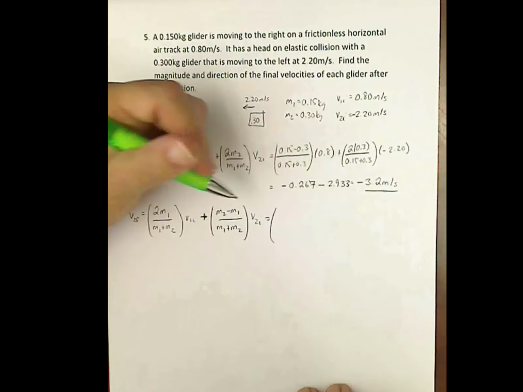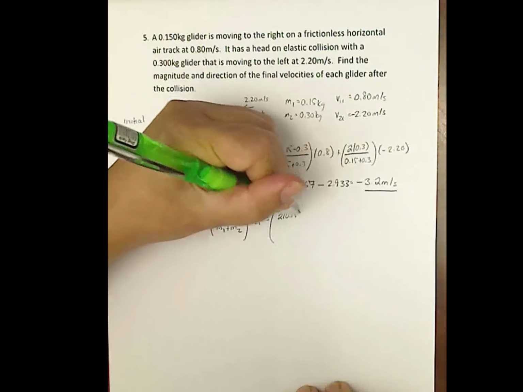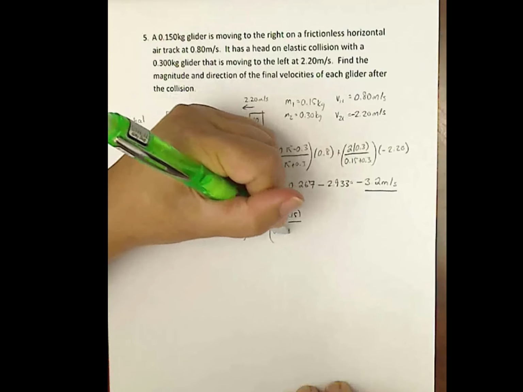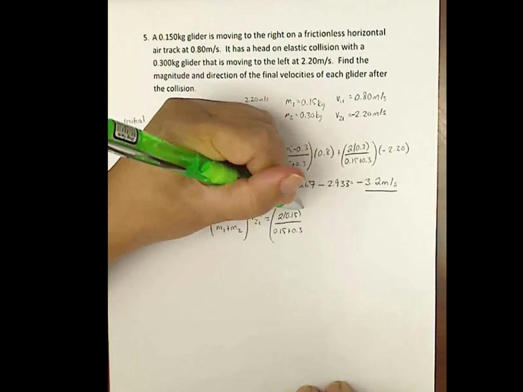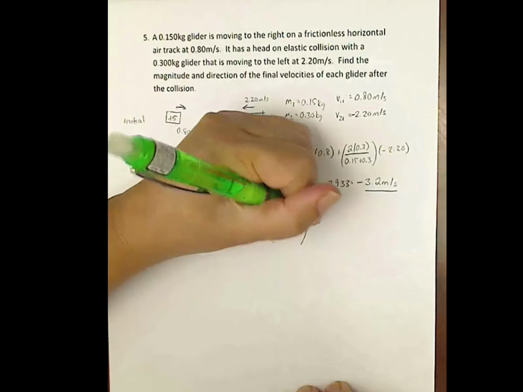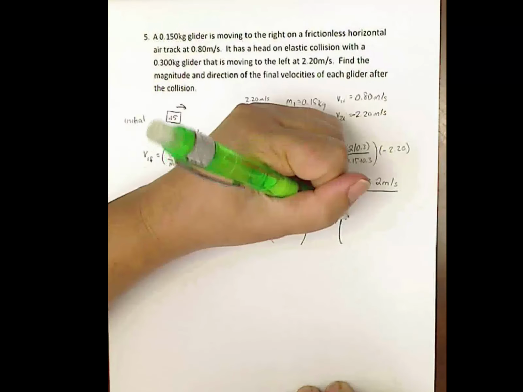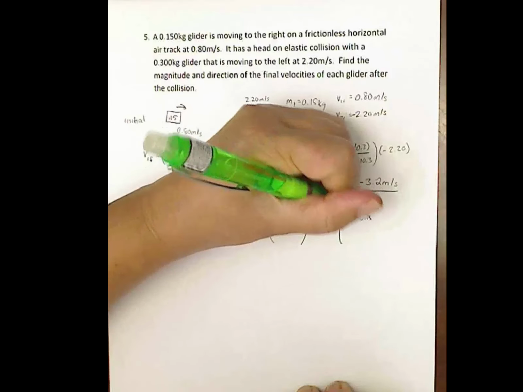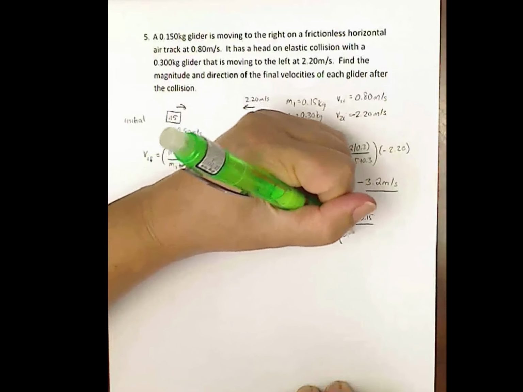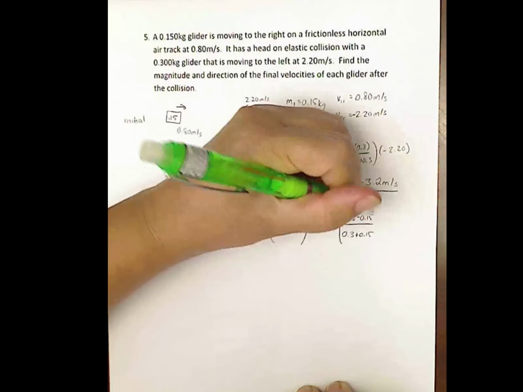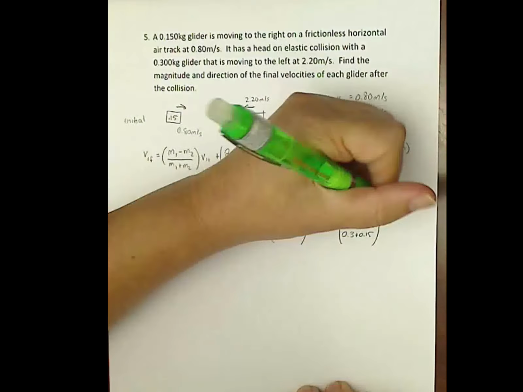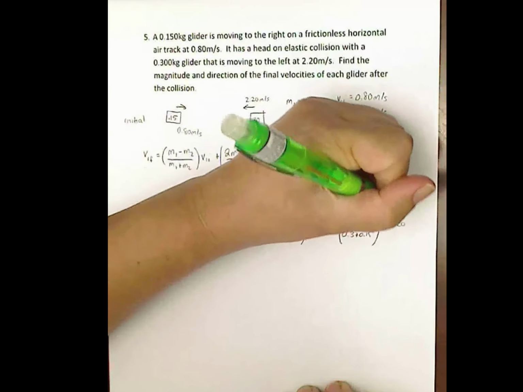I've got 2 times mass 1, 2 times 0.15 over mass 1 plus mass 2 times V1 initial, 0.8, plus mass 2 minus mass 1, so 0.3 minus 0.15 over the total mass times negative 2.20.